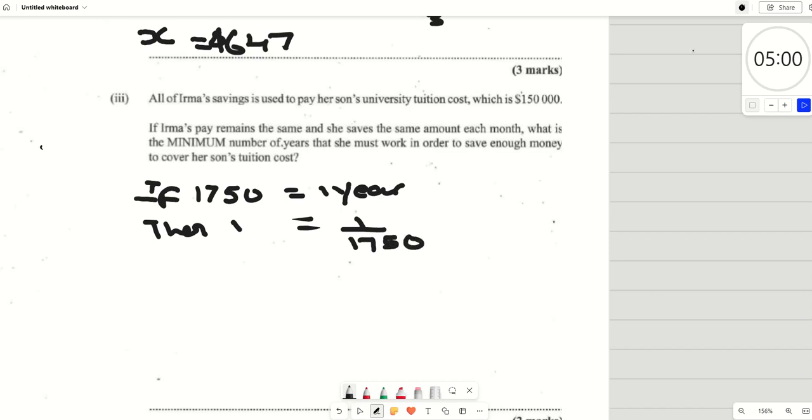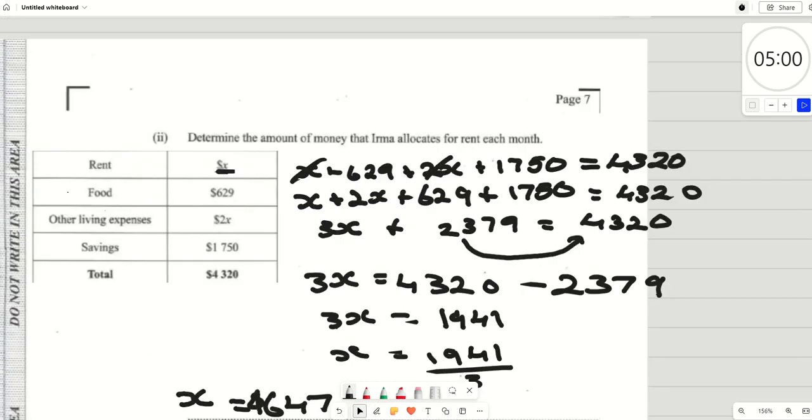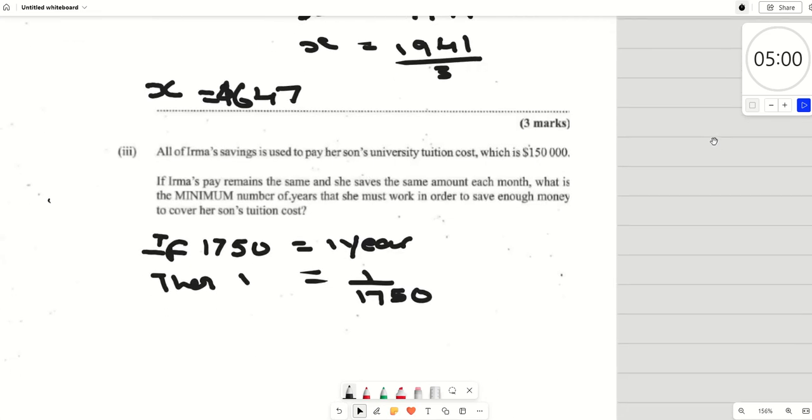And we want to find out how many years she has to work. Hold on, what nonsense am I saying? This is not 1 year, this is 1 month. Just now. Let's do over this question.